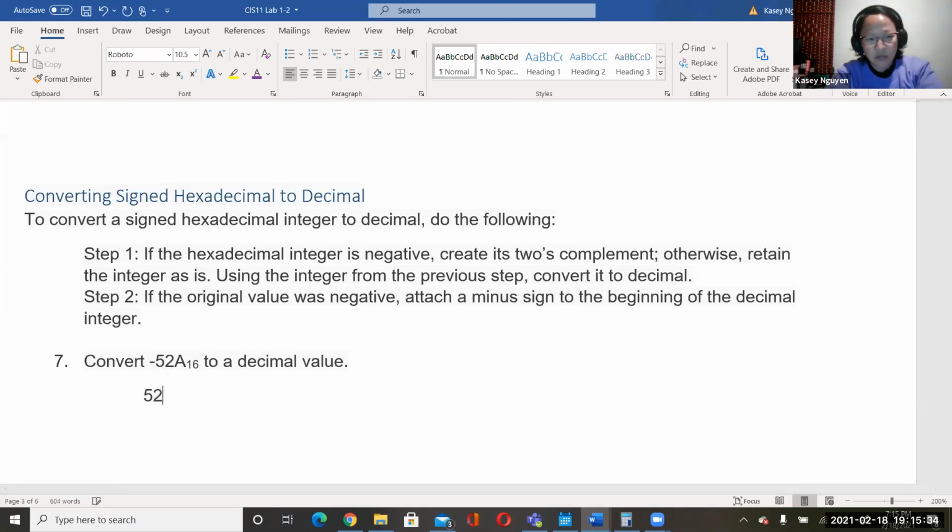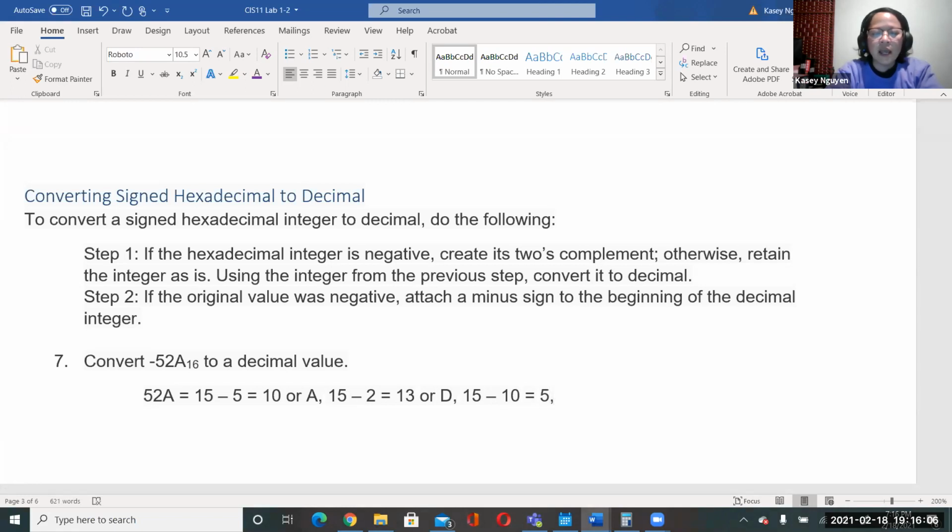So 52A is equal to, right, 15 minus 5, which is 10, or A. And then you would do 15 minus 2, which is 13, or D. And then A is 10, so 15 minus 10 is 5.